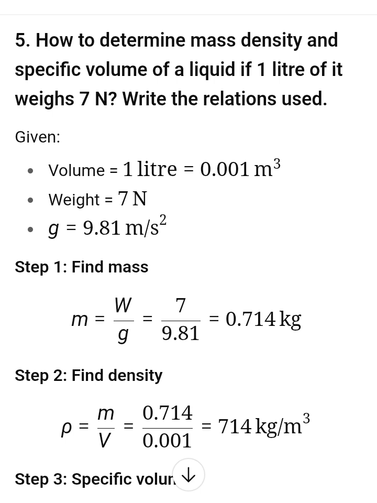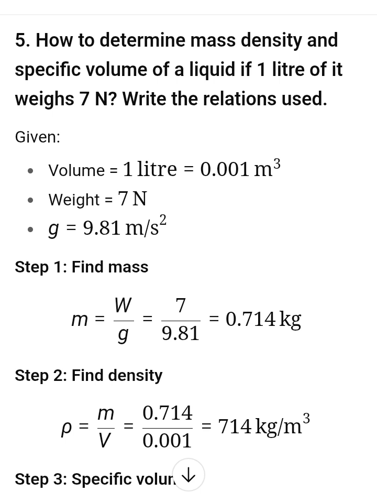W equals 7 and g equals 9.81. m equals 7 divided by 9.81, equals 0.714 kg.